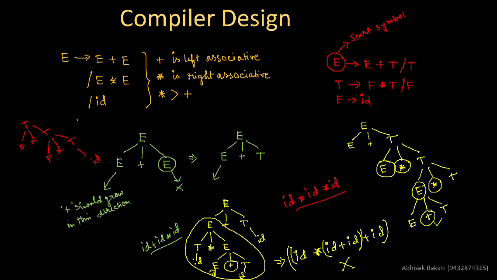The difference is that this is an ambiguous grammar, but this is an unambiguous grammar. So this is a way: if we take care of associativity and precedence in this way, we can convert any ambiguous grammar into unambiguous form.